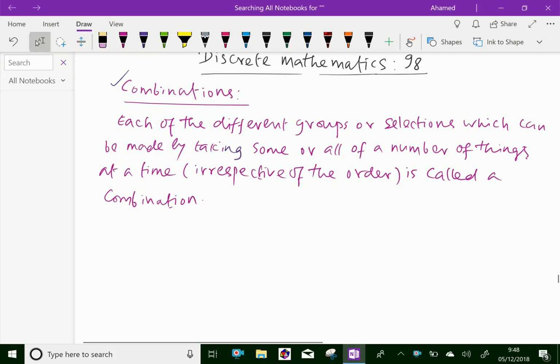In discrete mathematics, let us discuss combinations. Each of the different groups or selections which can be made by taking some or all of a number of things at a time, irrespective of the order, is called a combination.